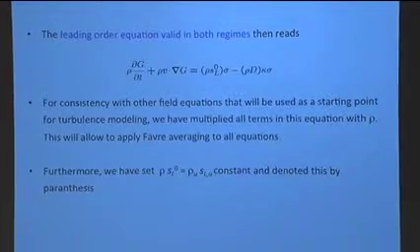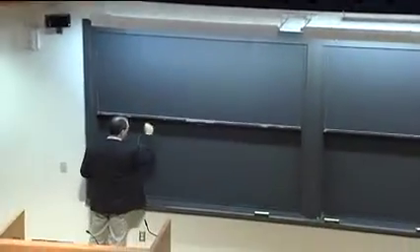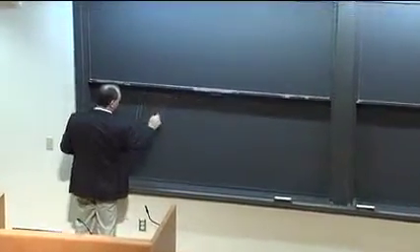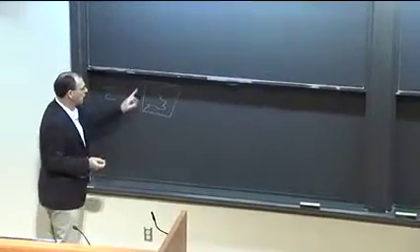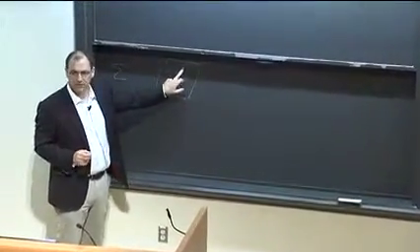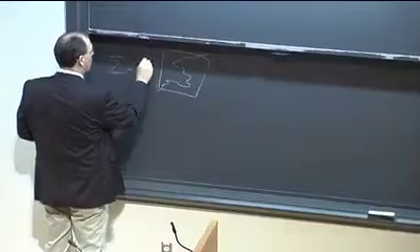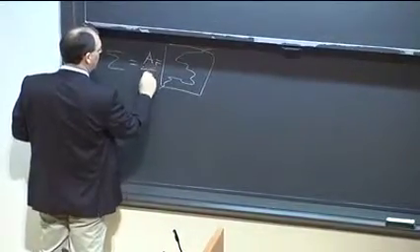Remember earlier we had a quantity that was called sigma. And sigma is this. You have a volume, and in that volume you have a flame surface. And then sigma would be the flame surface divided by that volume.